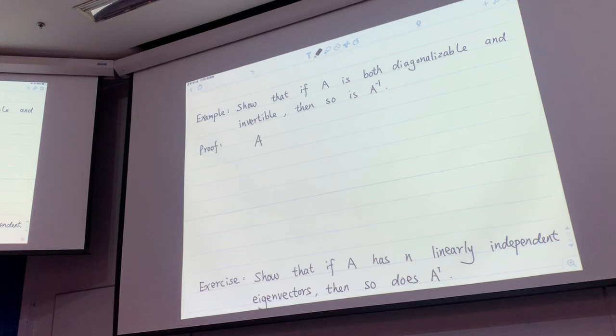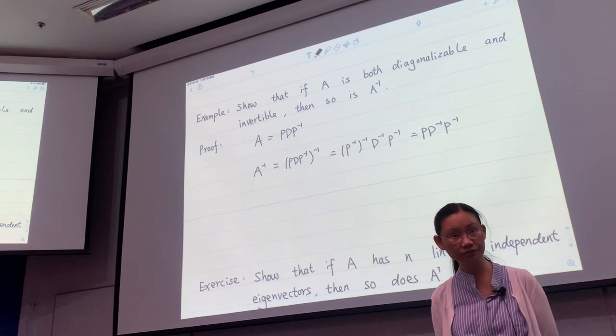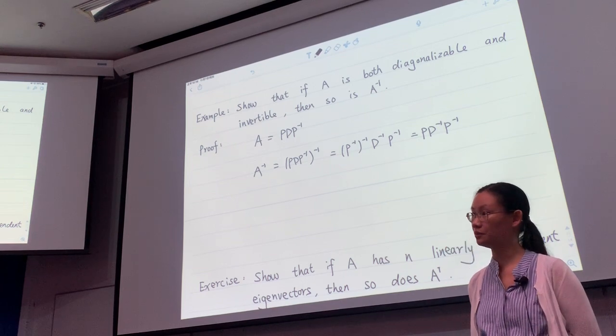It means A equals P D P inverse, right? Then A inverse is (P D P inverse) inverse, which is equal to P inverse inverse, D inverse, P inverse. So it's equal to P D inverse P inverse. And the inverse of a diagonal matrix D is still a diagonal matrix, right? That makes sense?